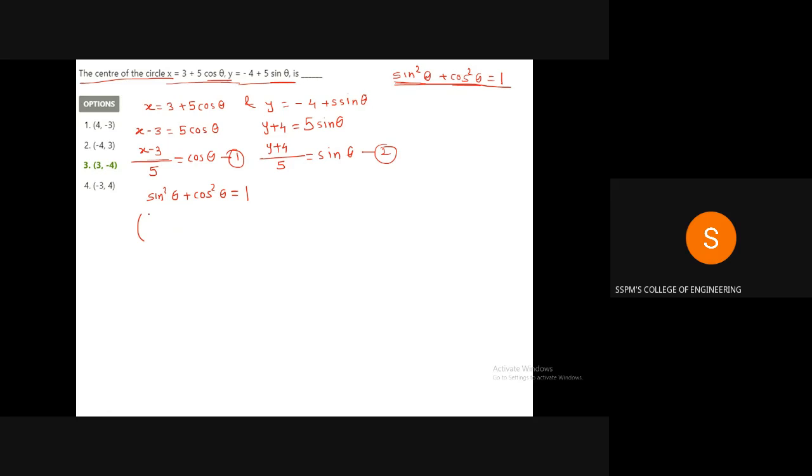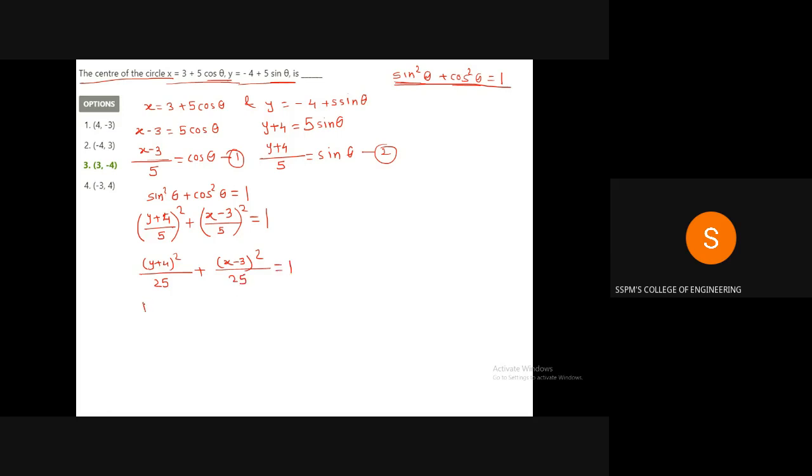So sin square theta is y plus 4 divided by 5 whole square, plus the value of cos theta, x minus 3 divided by 5 whole squared. This is equal to 1. So we have y plus 4 bracket square divided by 5 square, which is 25, plus x minus 3 square divided by 5 square, again 25, is equal to 1.